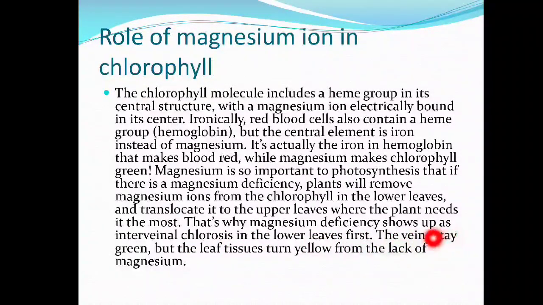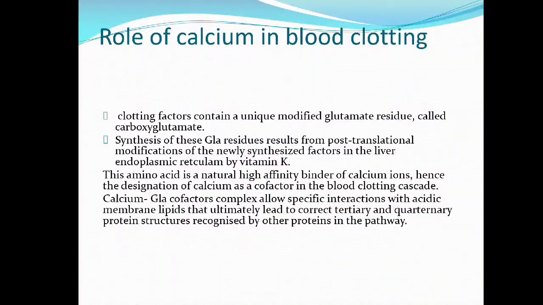The veins stay green, but the leaf tissues turn yellow from the lack of magnesium. So magnesium is very, very important in the chlorophyll, particularly during the photosynthesis process.